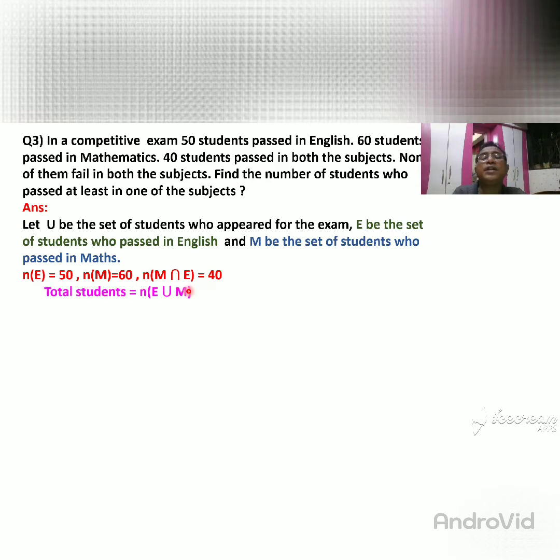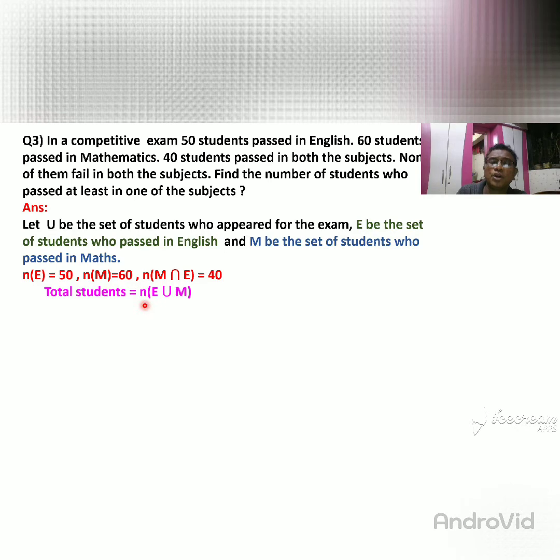So you want to find out the students who pass at least one subject. At least one means they may not pass in both subjects but they pass in one subject. They pass English or they pass maths. That is called union.